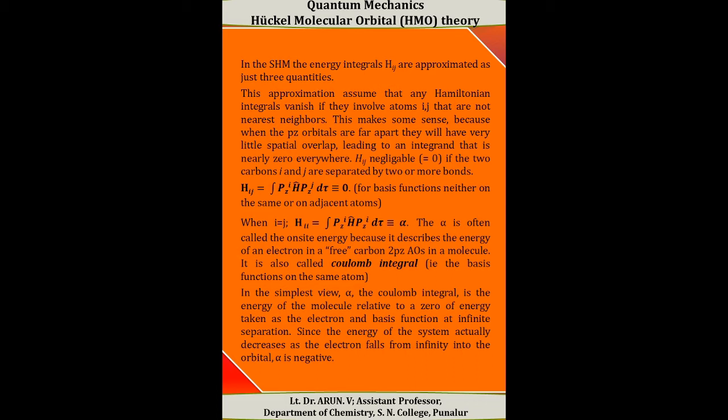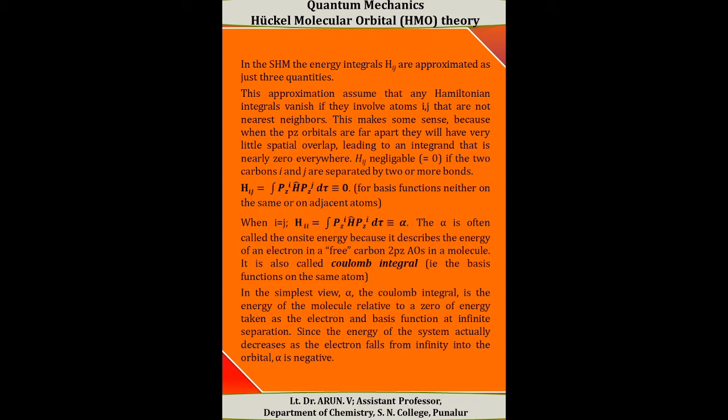Hij is negligible in this case, that is equal to 0, if the two carbons i and j are separated by two or more bonds. That is, Hij, equal to the integral of pzi h cap pzj dτ, is equal to 0 for basis functions neither on the same nor adjacent atom.